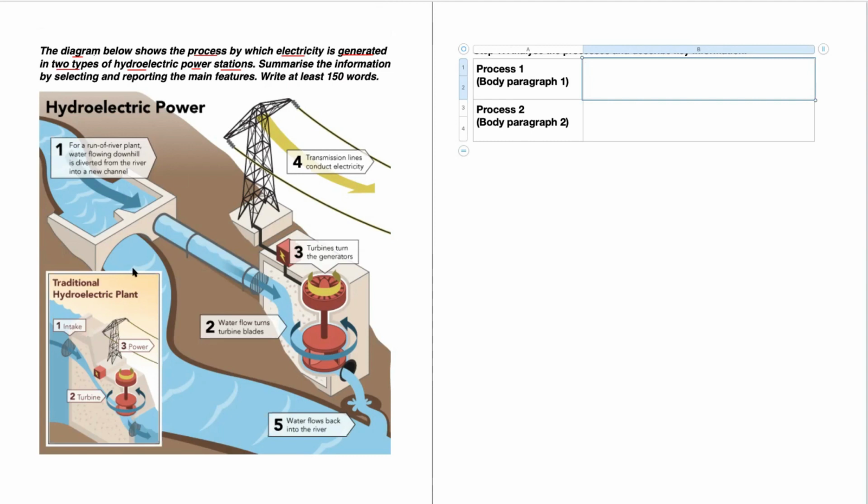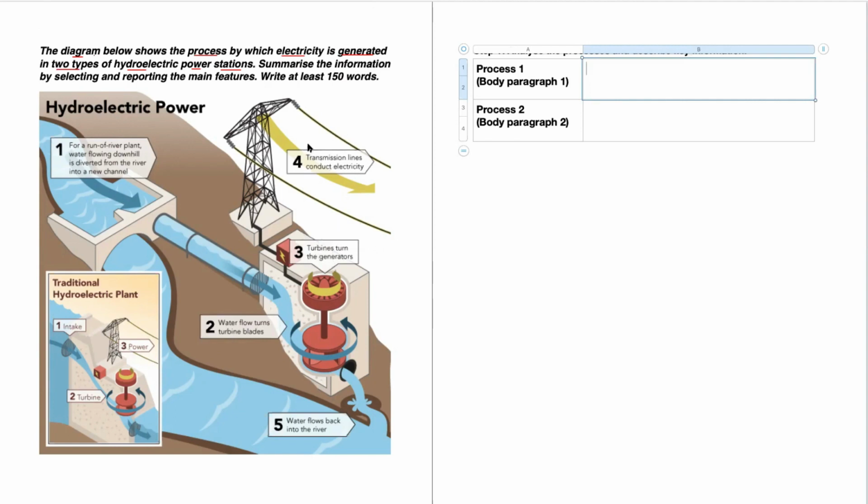So let's just go ahead and read. We see number 1 is intake, 2 is turbine, 3 is power. So the step is 1, 2, and 3. Here in hydroelectric power, we see 1, for a run of river plant, water flowing downhill is diverted from the river into a new channel. Then we see 2, water flow turns turbine blades. Number 3, turbines turn the generators.